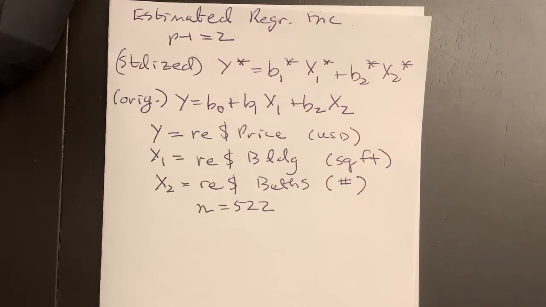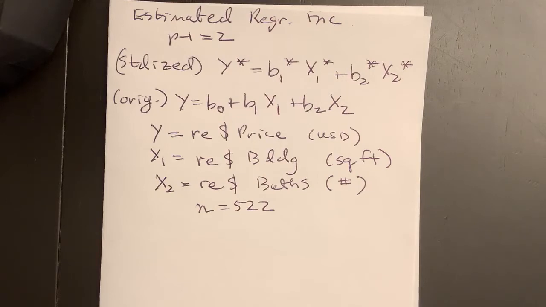Now, for the standardized version, the idea is, what are the units there? What I would say is the unit of each variable, y star, x1 star, and x2 star, are standard deviations in the original variable.